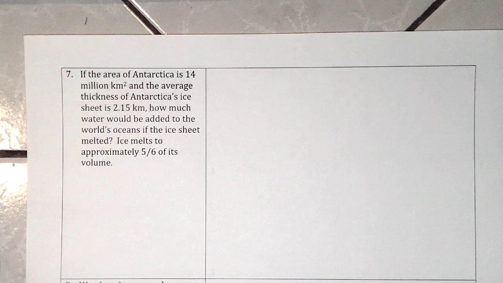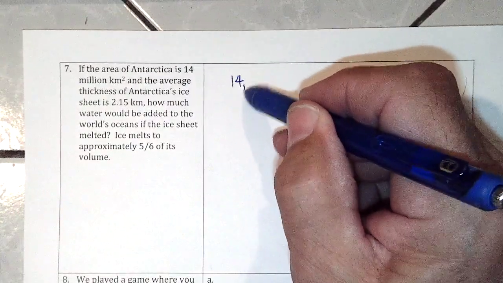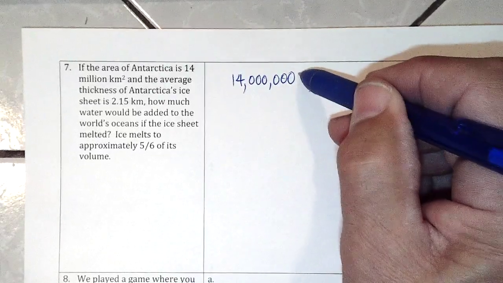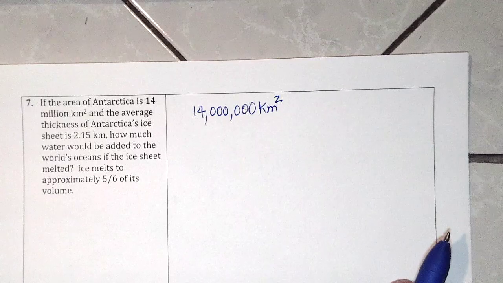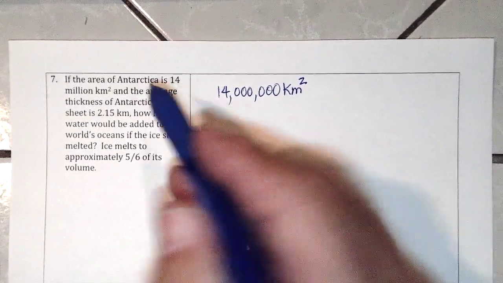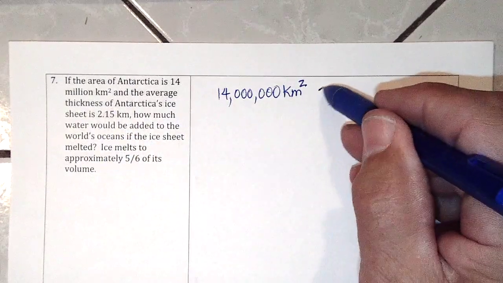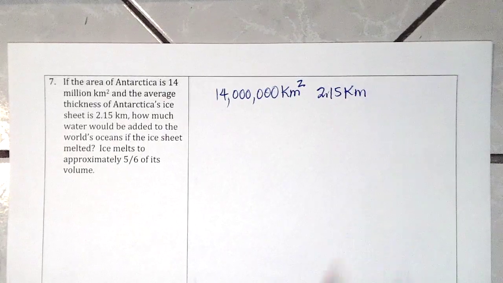It said the area of Antarctica is 14 million. And some of you didn't use the million. 14 million kilometers squared, and it has an average depth of 2.15 kilometers.